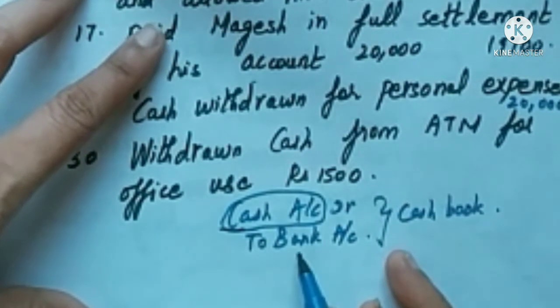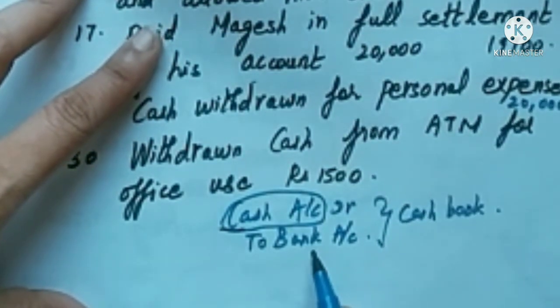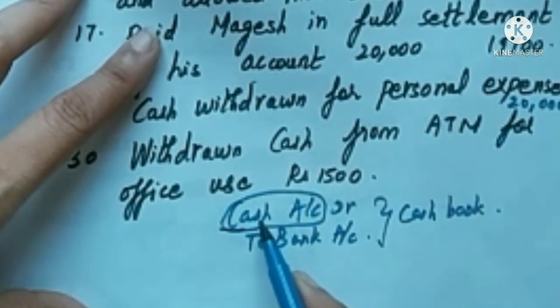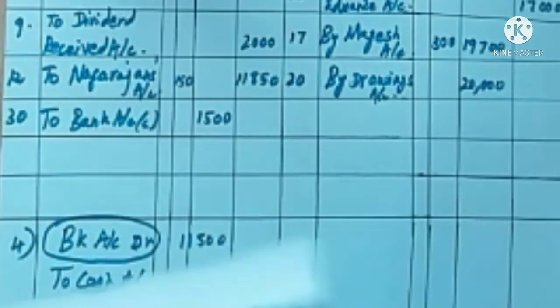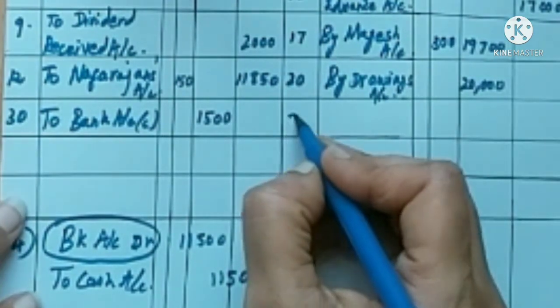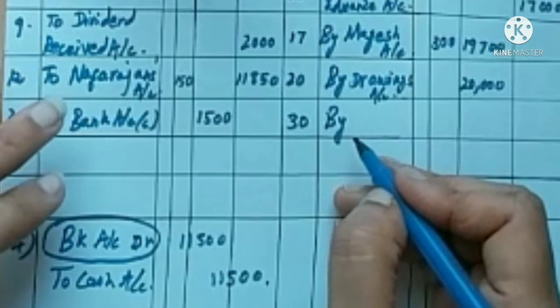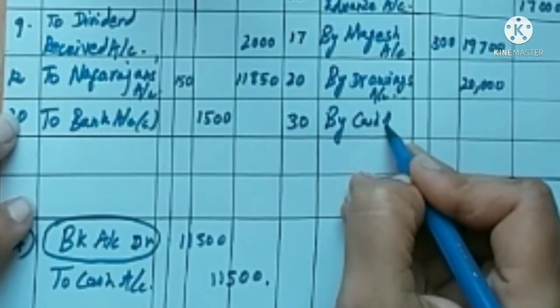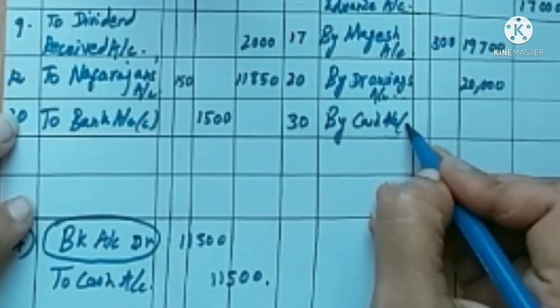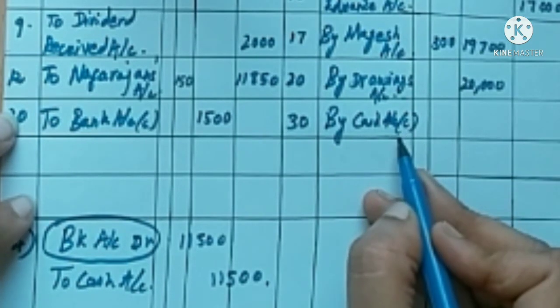Here bank account is credited. So I am going to write it on the credit side of the cash book, "By cash account". Date of the transaction is 30th. I am going to write the letter C in brackets.